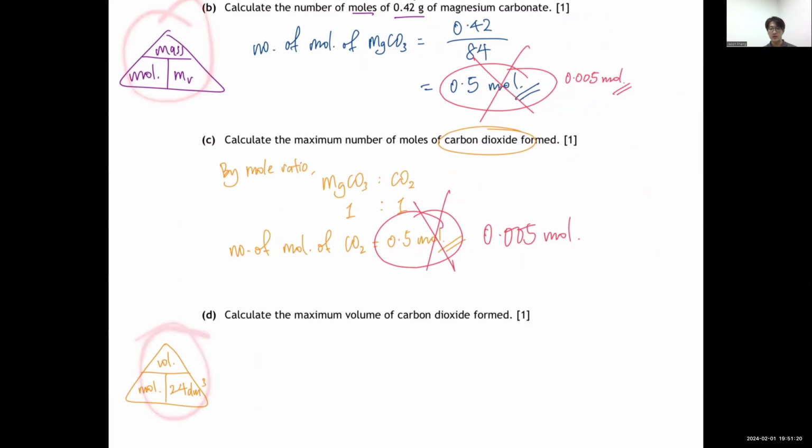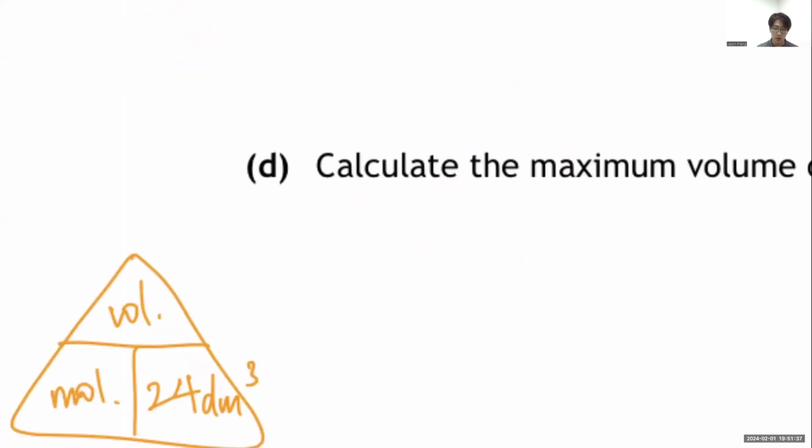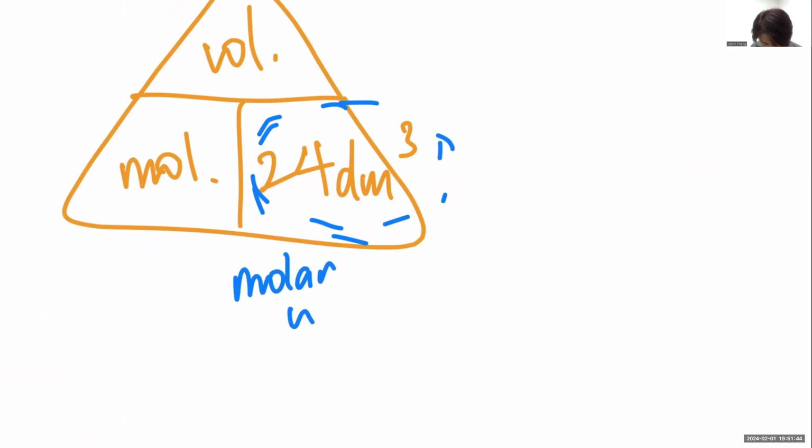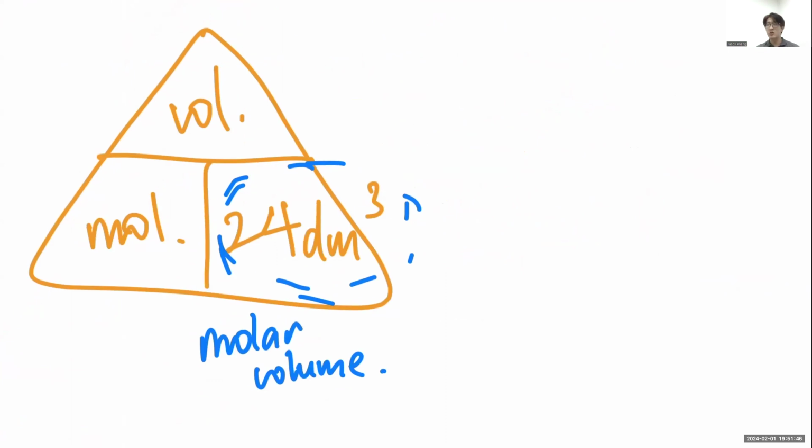How are these two triangles different? That is to find number of moles, mass over molar mass. To find number of moles, volume over 24 dm cubed, which is what we refer to as molar volume. So mass over molar mass, volume over molar volume.